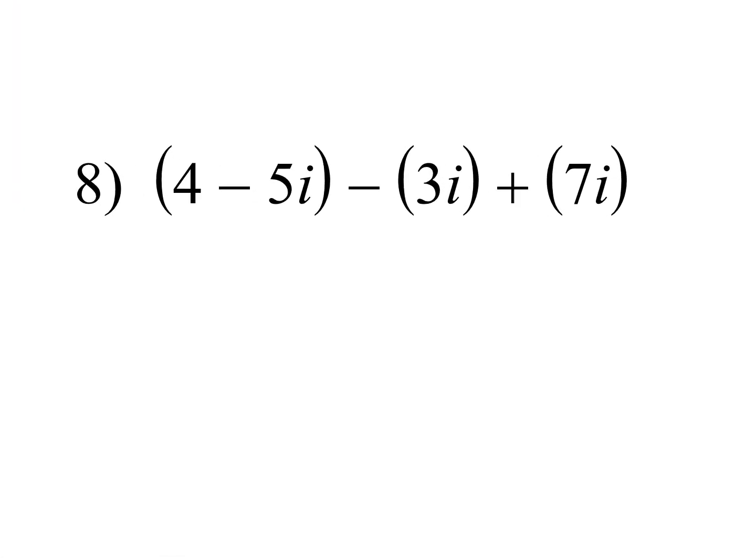All right, number 8. I have a minus, so what does that get distributed to? Just the 3i, because it's only touching the parentheses for the 3i. So it'll be 4 minus 5i minus 3i plus 7i. What's my real number here? 4. And then what are my imaginary numbers?